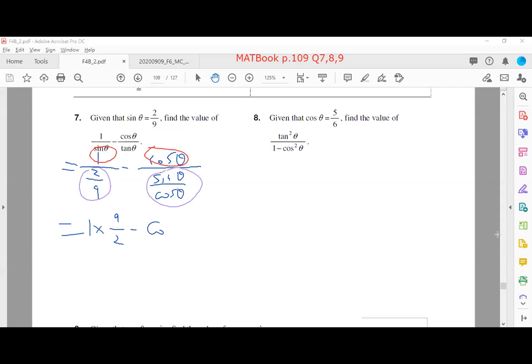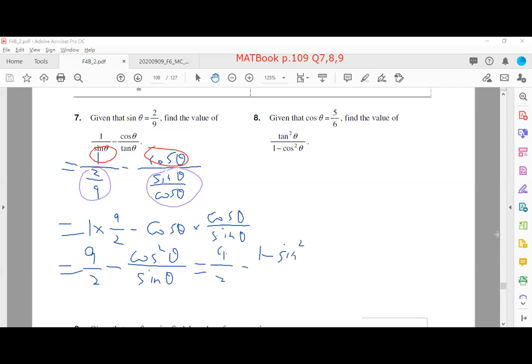Minus cosine theta times upside down, cosine theta over sine theta, okay? And this time it is 9/2, and minus cosine square theta over sine theta, okay? And then we will change the cosine square theta to be 1 minus sine square theta. So 9/2 minus (1 minus sine square theta) over sine theta, okay?